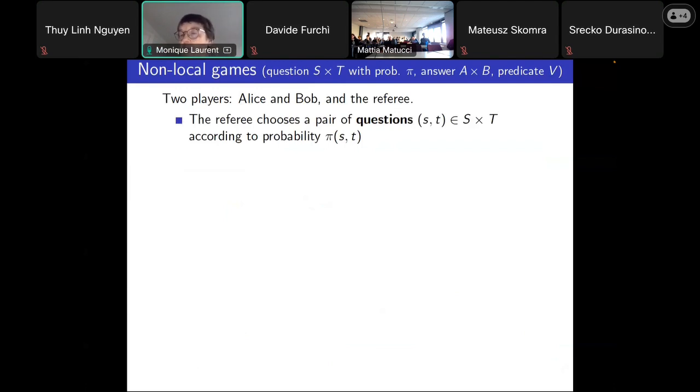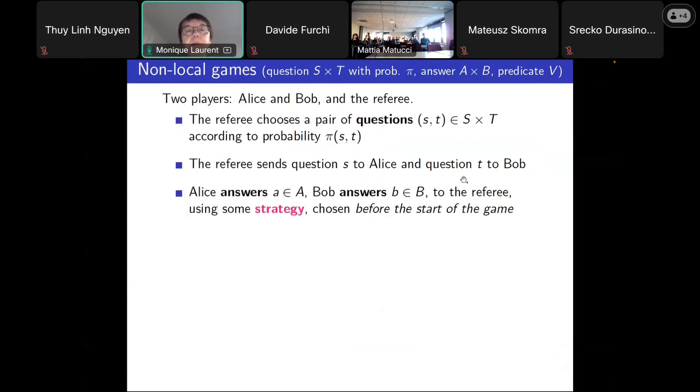The two players may agree on a strategy before starting the game, but they don't communicate during the game. Now the game starts, so the referee chooses a pair of questions S, T according to some probability pi. He sends question S to Alice and question T to Bob. Alice answers A, Bob answers B to the referee. For this, they use a strategy which they have chosen before the start of the game.